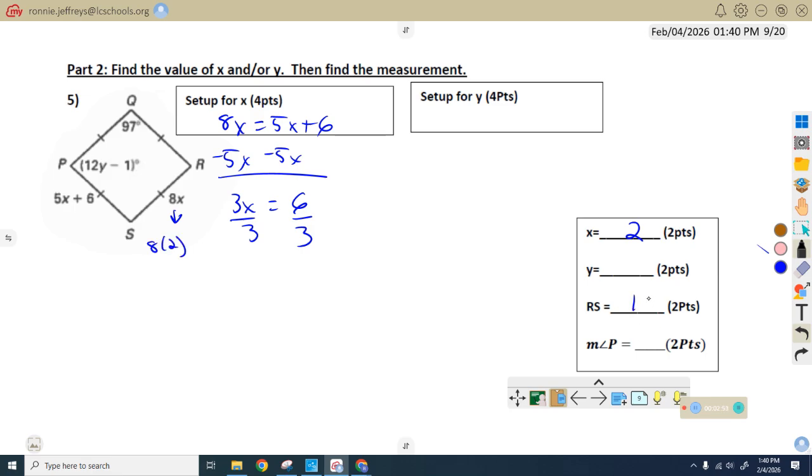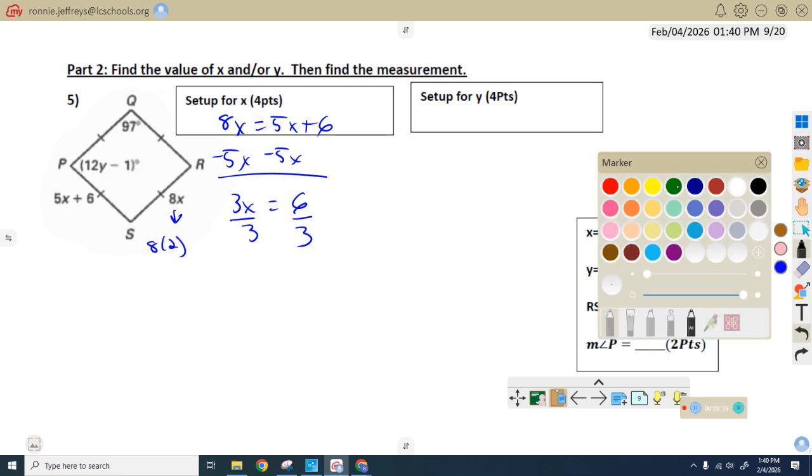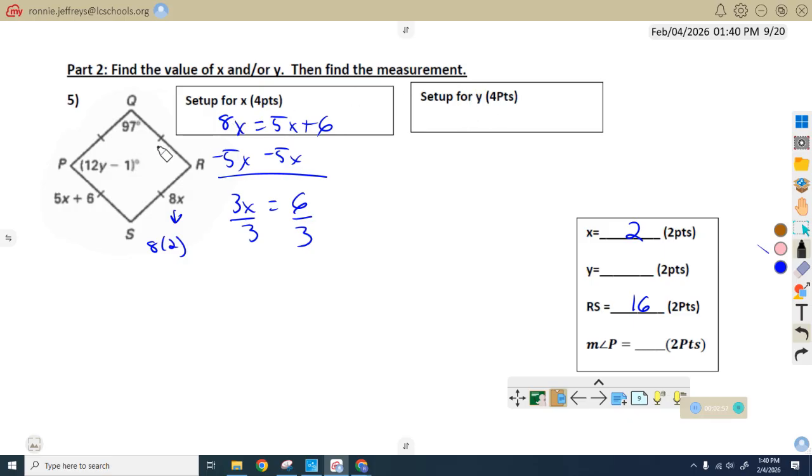Okay, so this would be 16 right here. Now, how are we going to set these two angles up? They're the same. It'd be the same.